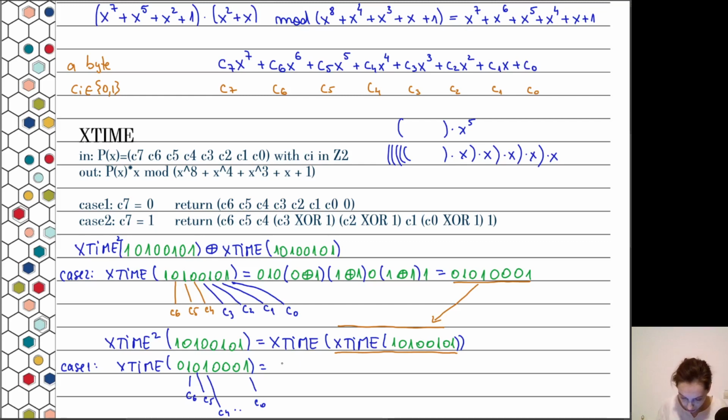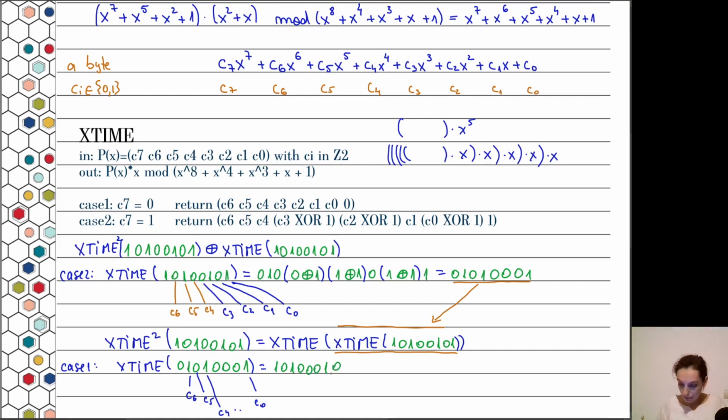So we will shift all these bits by one position to the left: 1 0 1 0 0 0 1, and in the end we will put a 0.